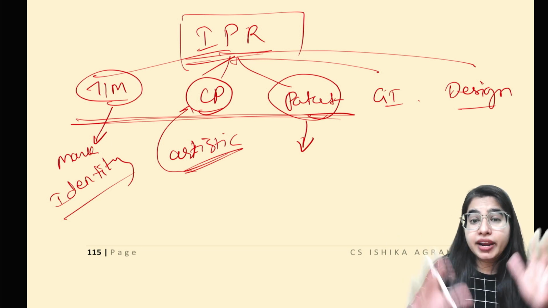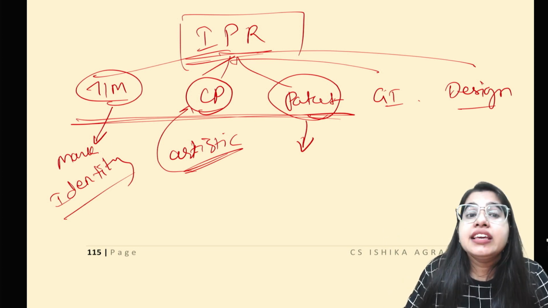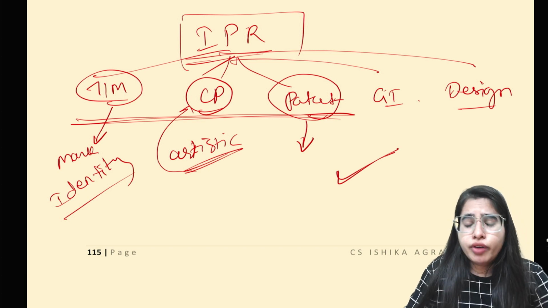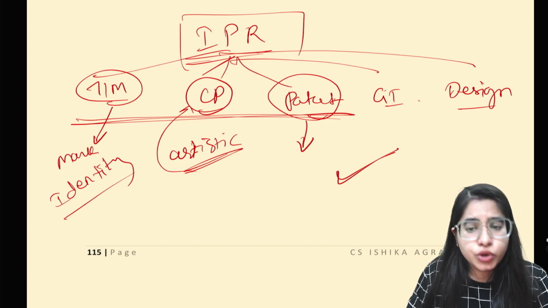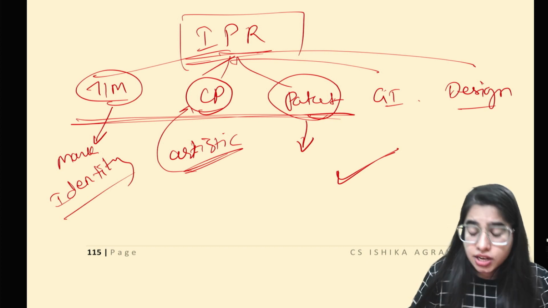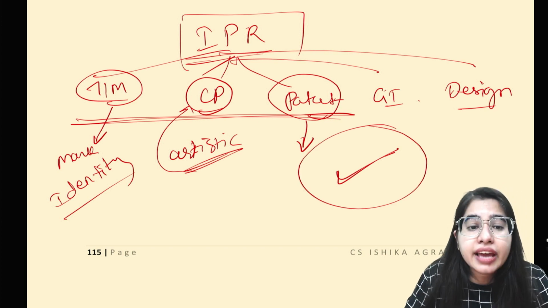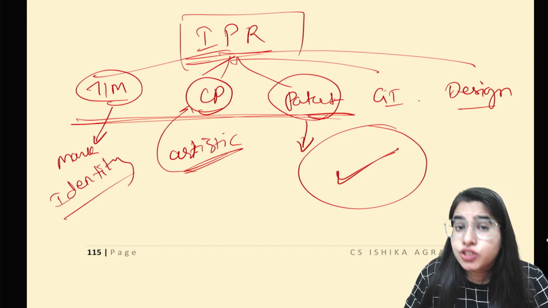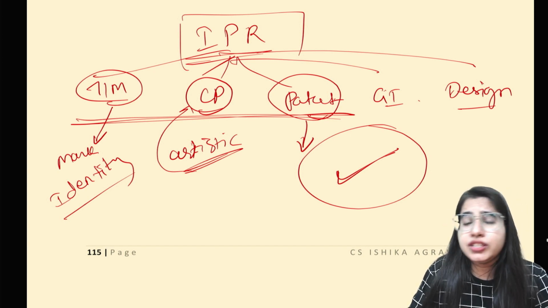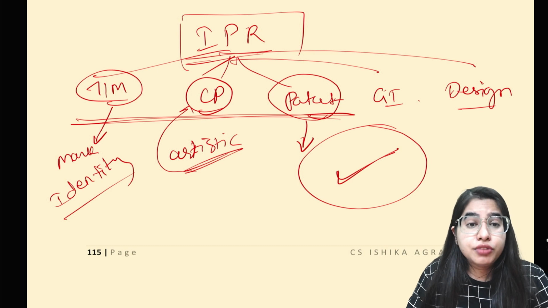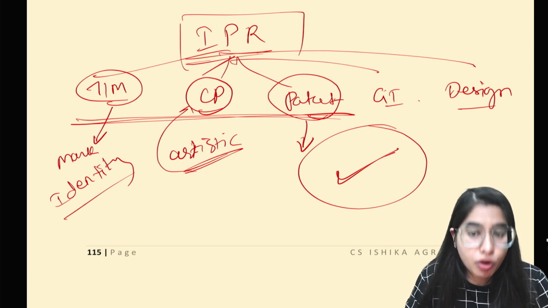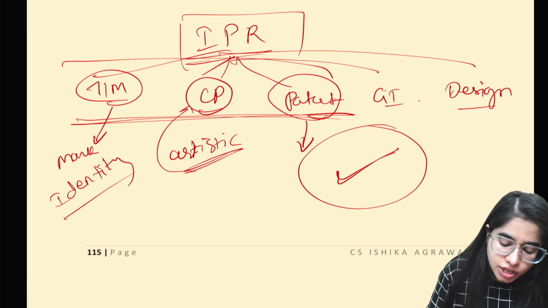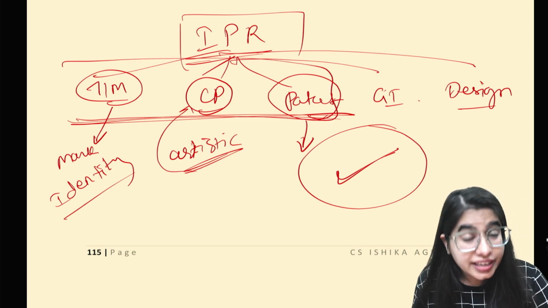Like if you have made a brand name called Nike, you have worked so hard to build this brand value, no one else should be allowed to use the name Nike and make profit in your name. That is your trademark, your unique identity, which helps you make more profit just because of your brand name, like Apple. Are you understanding? Yes. So these three topics we have already done.